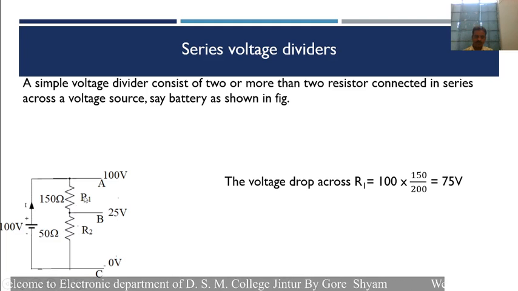Therefore, the voltage drop across this resistance is 75 volt. Out of 100 volt, 75 volt is dropped across this resistance.